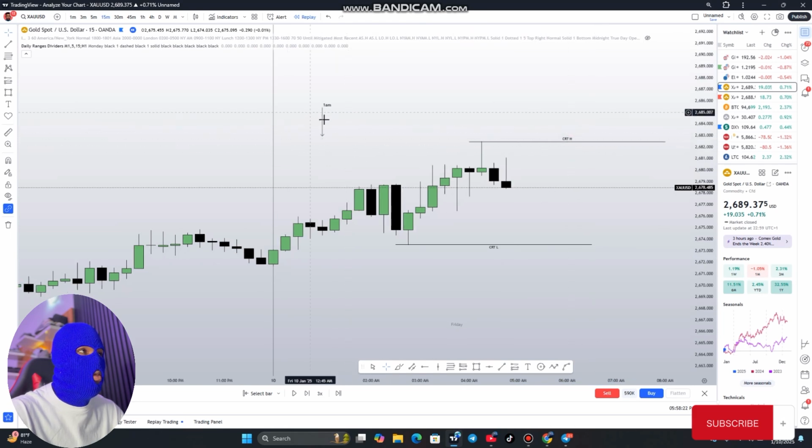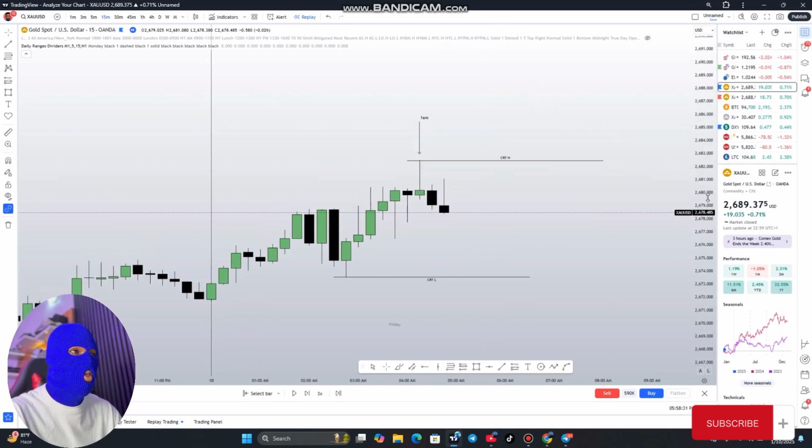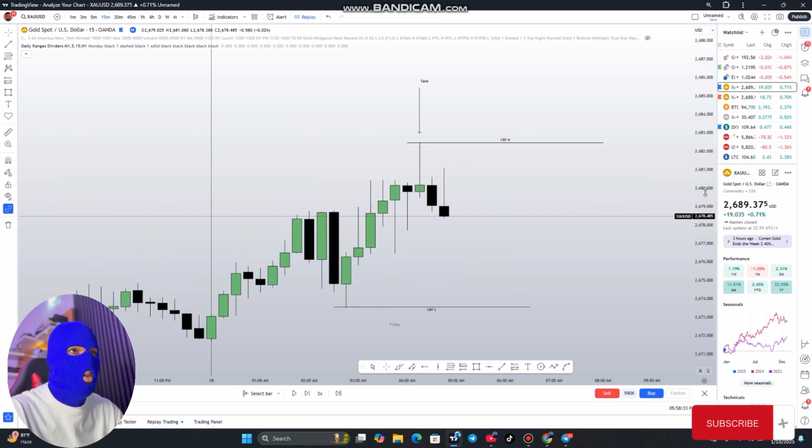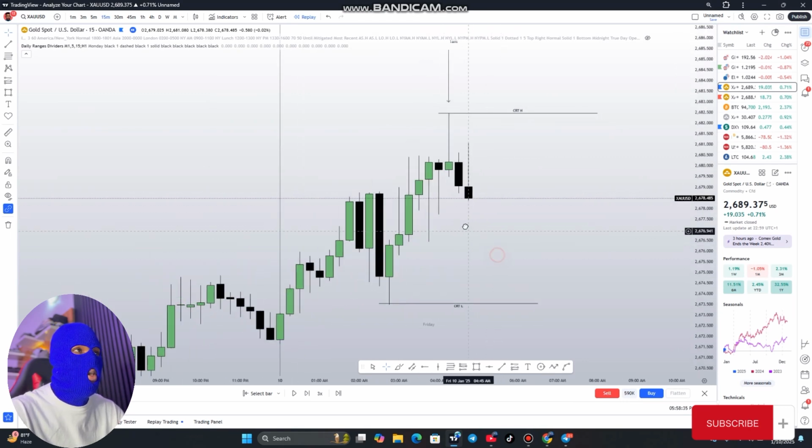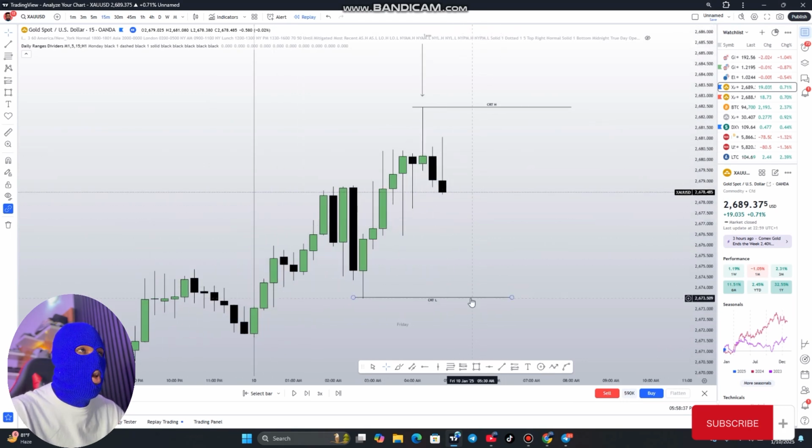So we can simply move this cursor to this point and to this point here. Pardon me, my chart is going to be rough, but I just need you guys to focus so you understand what I'm saying. So the next process here is that we want to wait for either this low or this high to be taken out. So let's just wait and let's see what happens.